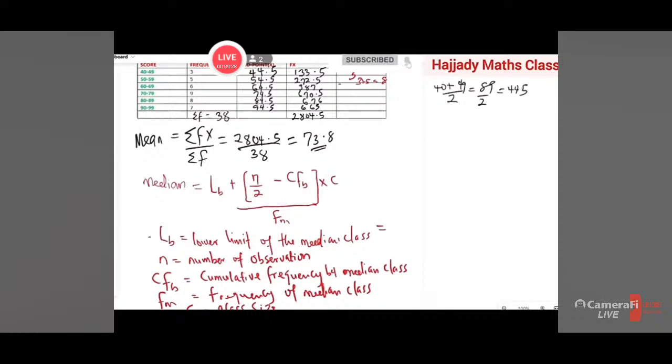And next, we have the previous value, which is 8 plus 6, which is going to give us 14.